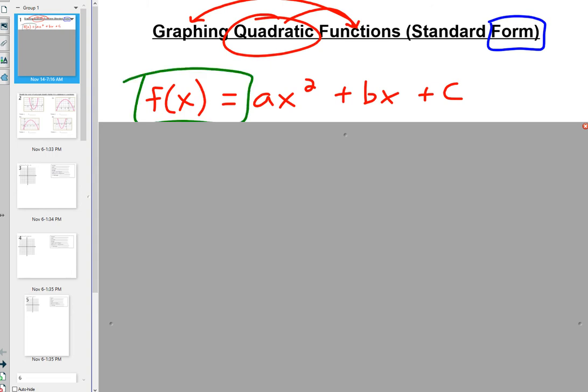A function is most like an equation because we still have an equal sign. But now instead of just having an x, we also have an f of x. And what else can f of x be rewritten as? What does f of x mean? When you see f of x, what does that mean the same as?